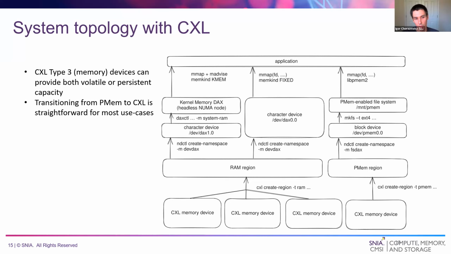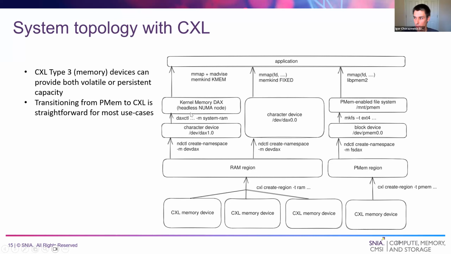On this slide, I won't go through all of this, but if you are familiar with some of the persistent memory provisioning tools, this slide might look slightly familiar to you. There are tools that can be used both for PMEM and for CXL to manage, for example, DRAM and PMEM regions. This is, for example, NDCTL that you can see here. And the way that CXL can be exposed is pretty much the same as with persistent memory.